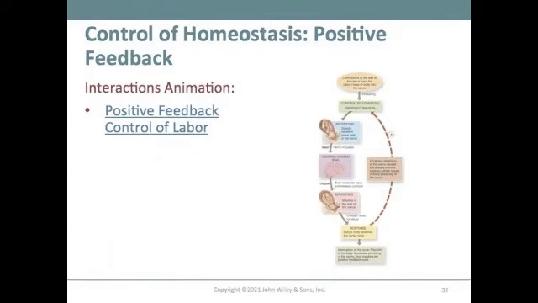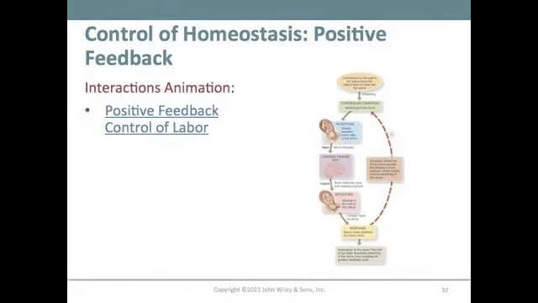Whereas with the negative feedback, the effectors are working to control the change, to stop it, to get back to where it is, 72 degrees, however warm you keep it in your house. Or in the case of blood pressure, whatever normal blood pressure is. So your body works the negative feedback like that, but the positive feedback actually helps it. It wants it to be more pronounced.